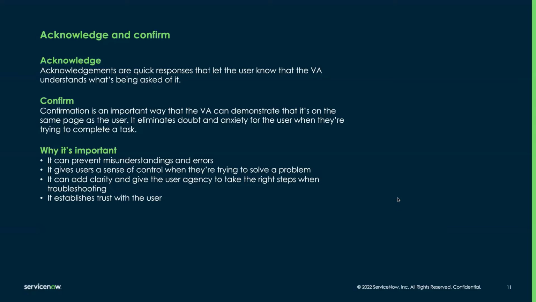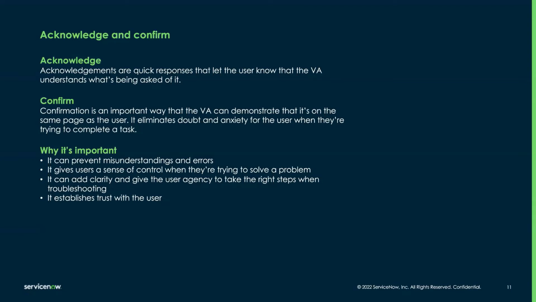There are two ways of using confirmation in a virtual agent. There's implicit. Implicit confirmation happens when the virtual agent is confident that it understands the input so that it assumes it can continue with the task at hand. So a good confirmation statement is like, okay, I can help you schedule a meeting today at 1 p.m. Explicit confirmation happens when the virtual agent isn't quite as confident, and so it needs to check with the user before making sure that it's helping them complete the task.